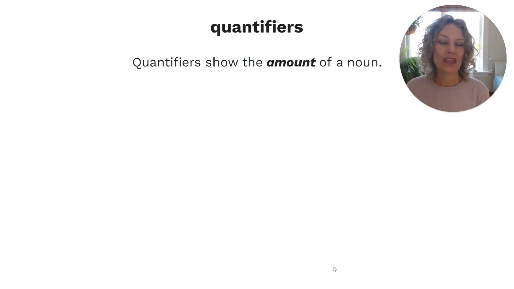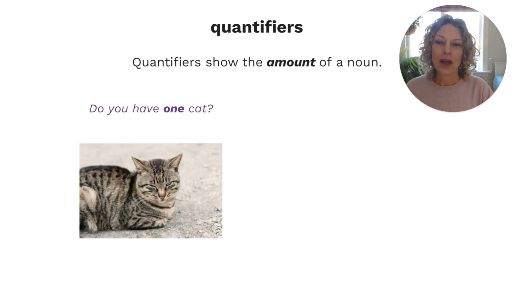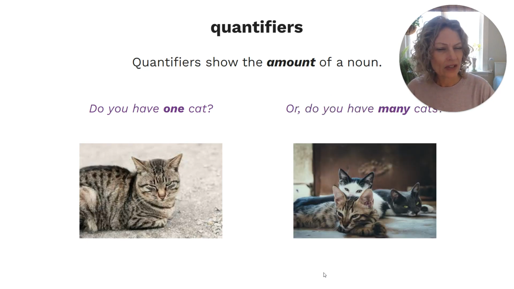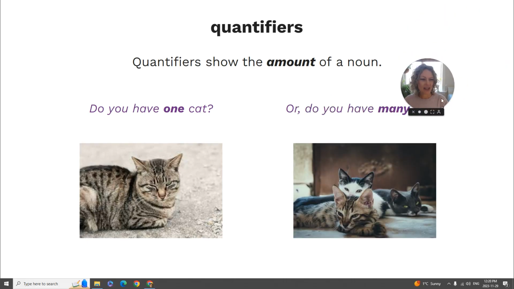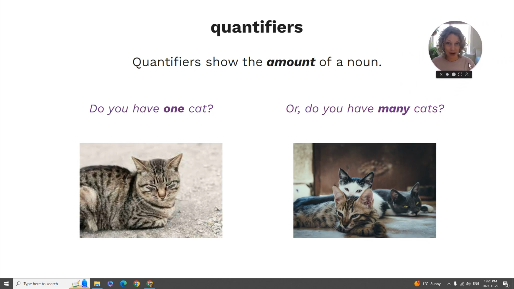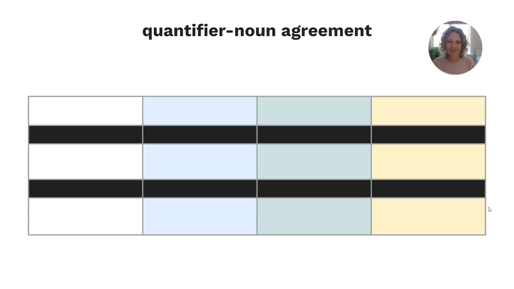Quantifiers show the amount of a noun. An example is, I might say to you, do you have one cat or do you have many cats? If I can't remember the number of cats that you have, the quantity. So quantifiers clarify the amount of a noun.